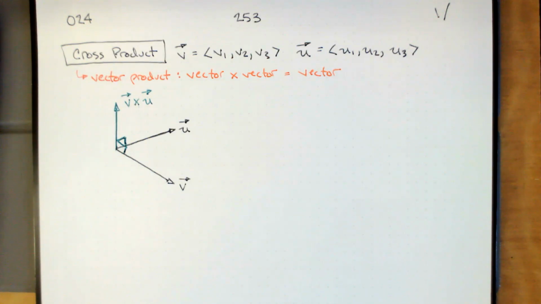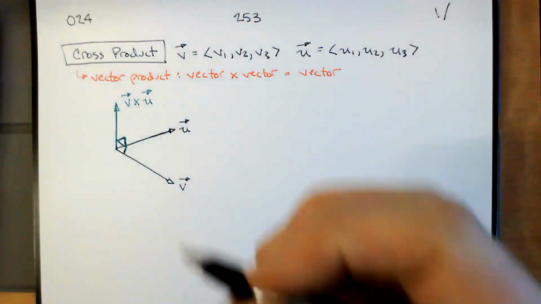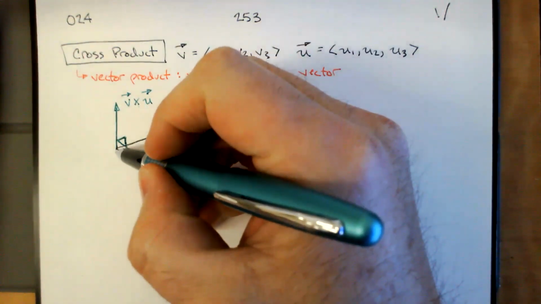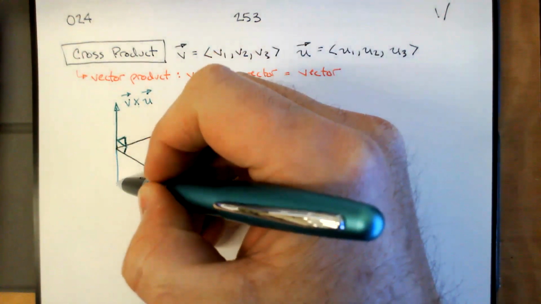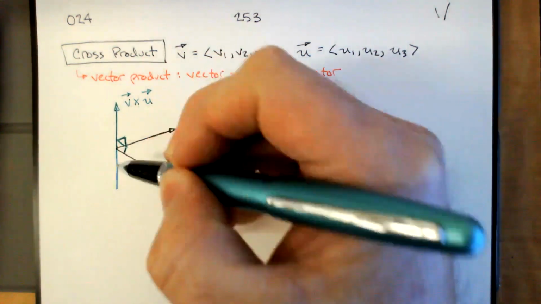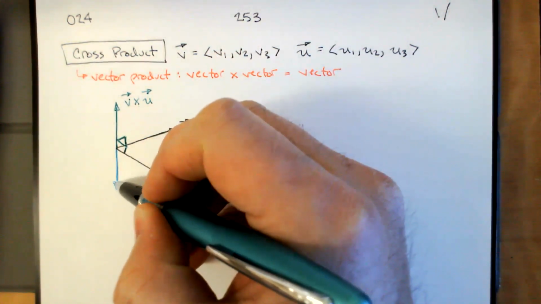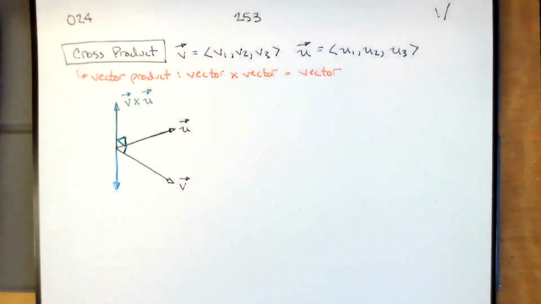And you may notice that there is another direction, because the vector that points down is also perpendicular to both U and V. So we have two choices for this vector. In this picture, the vector that points down will be the vector U cross V.